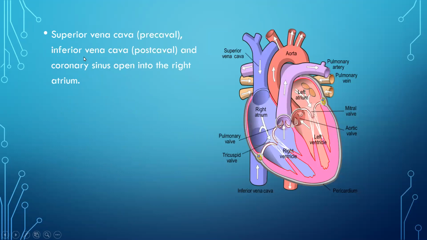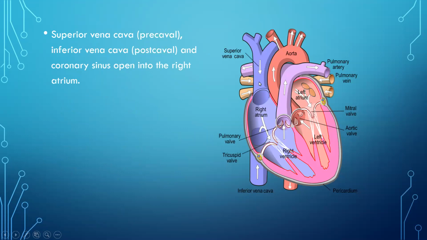Superior vena cava, which is also called precaval, inferior vena cava, which is also called postcaval, and coronary sinus open into the right atrium. So this is the right atrium, this is the left atrium. In the right atrium, what opens?